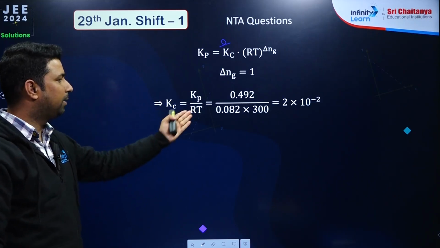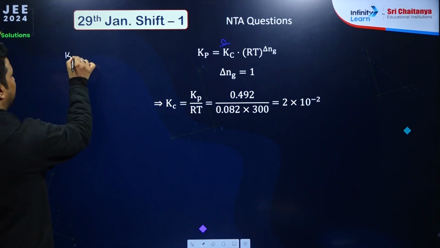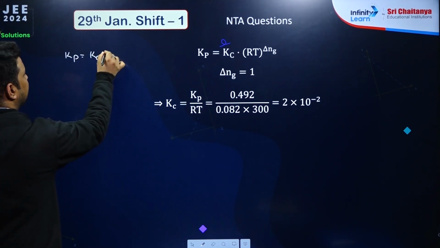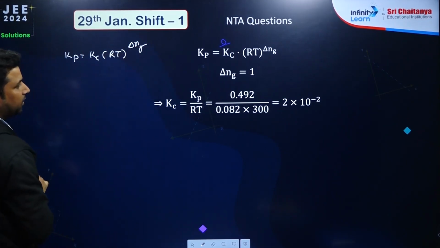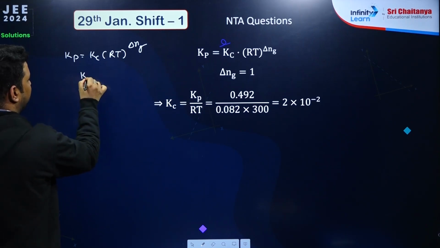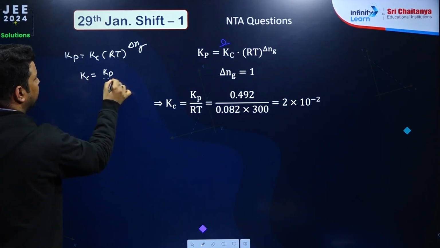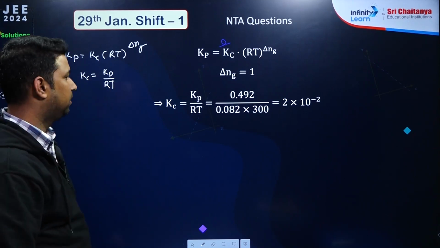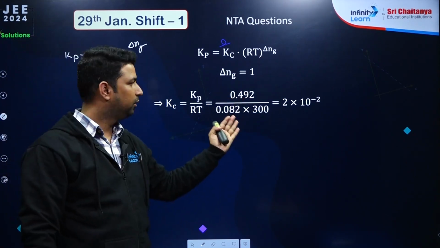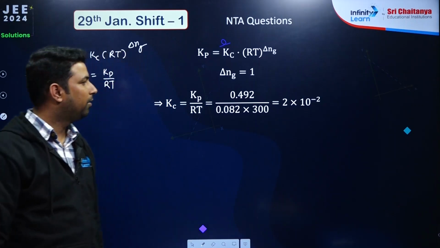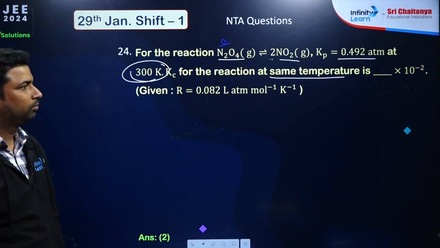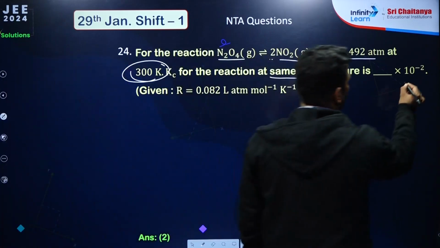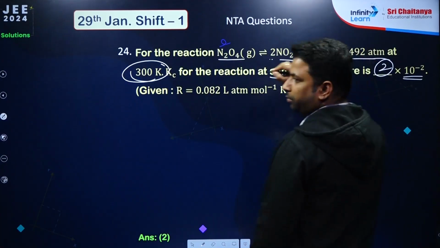We have Kp equal to Kc (RT) to the power delta n of gaseous components. So Kc will be simply Kp by RT. And simply if you solve this, you will get 2 into 10 to the power minus 2. So the answer will be your 2, because 10 to the power minus 2 was given, so you have to just fill 2 out there.